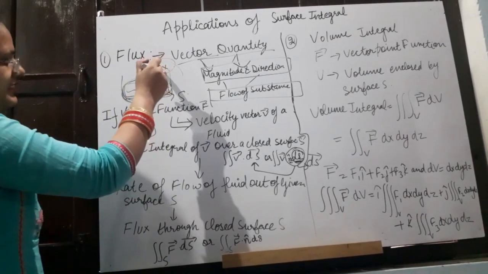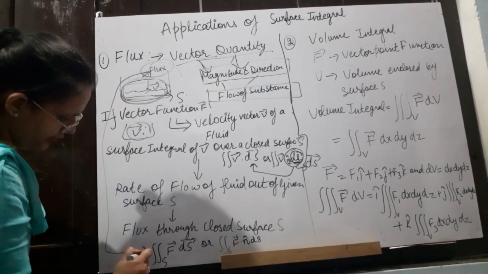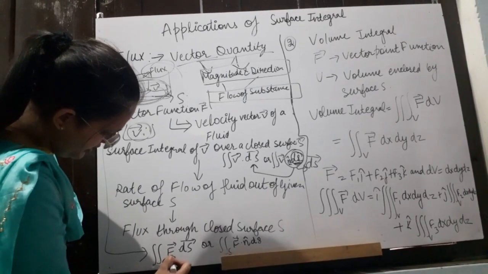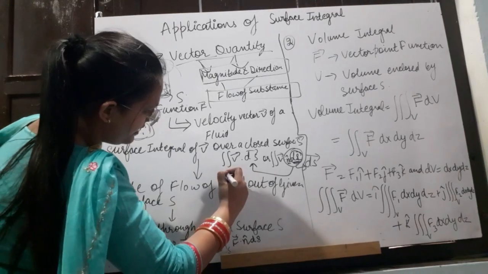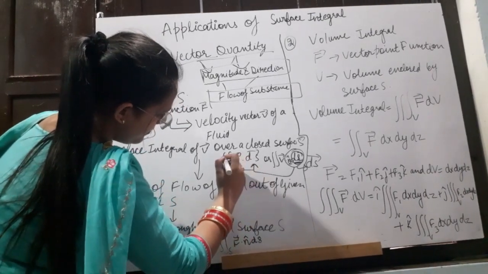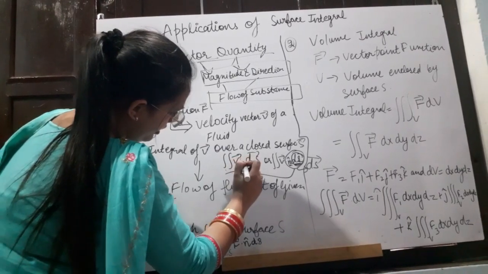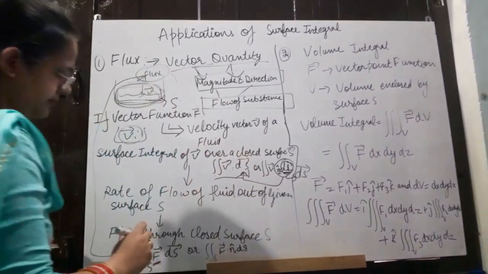So our flux is calculated as the surface integral of the vector function. If the vector function represents velocity, then we can write it as the double integral of velocity vector dot product ds vector.